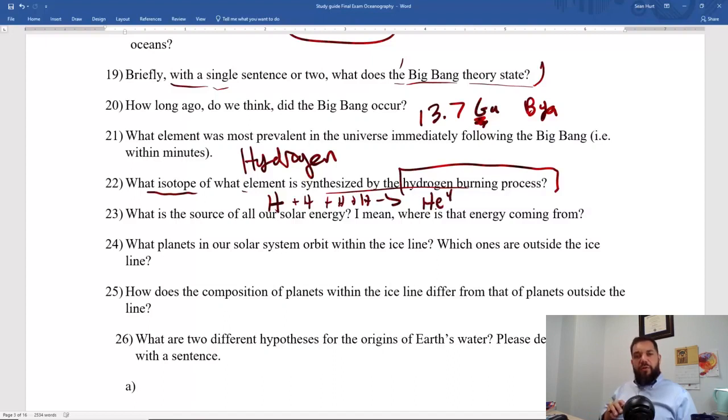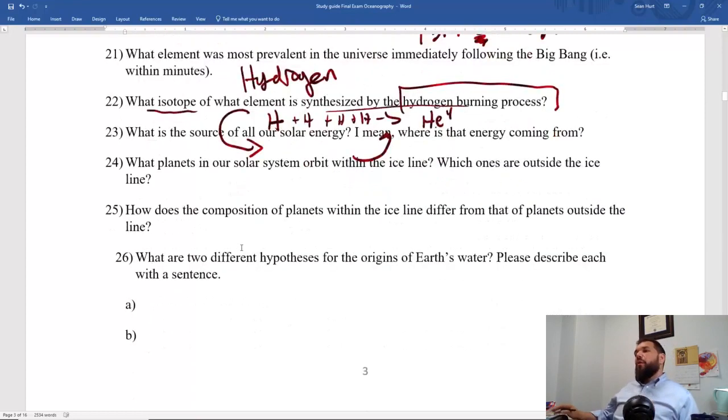So helium is created by what's called hydrogen burning, and that's where four hydrogen atoms combine to form a new element, helium-4. It's called an alpha particle. Now, that process produces most of the solar energy in our solar system. Okay, so that answers the next one. What is the source of the solar energy? Where's it coming from? It's coming from hydrogen burning. Okay, in our sun.